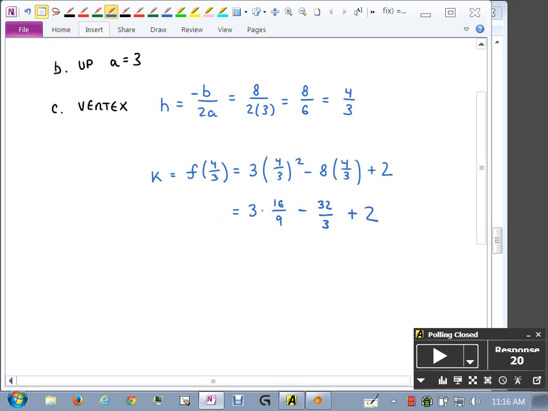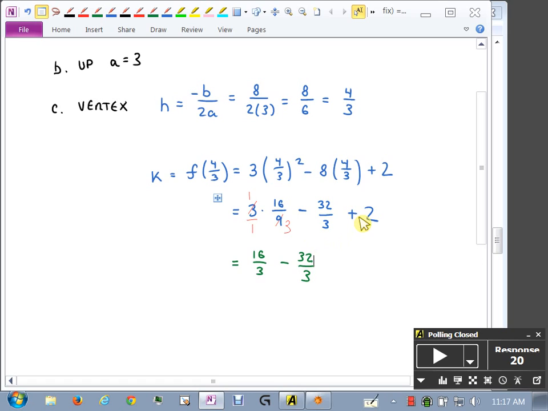And I believe I can do some reduction here. This 3 is like a 3 over 1. So I can do like 3 goes into 3 once, 3 goes into 9 3 times. You could multiply across and reduce the fraction. Whatever you're most comfortable with. What would I be left with here, though? 16 over 3, and then take away 32 over 3. And I'm going to have to bring that 2 into play here, right?